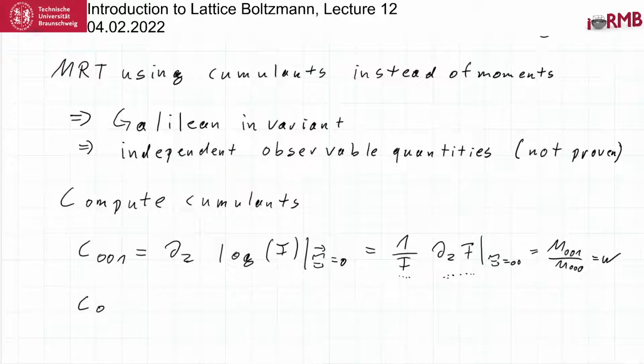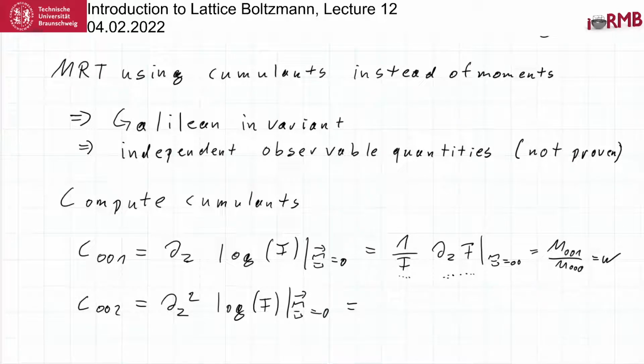So if we look at c002, what will happen? We have d_z, the second derivative here of the logarithm of f at position xi equal to 0. And if we do this, we'll end up with the first derivative, d_z f. There's something wrong. So d_z squared f divided by f squared.